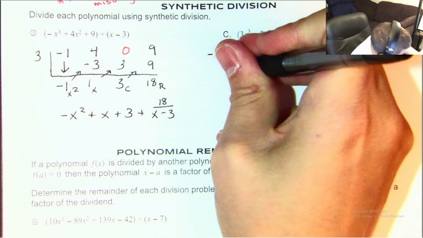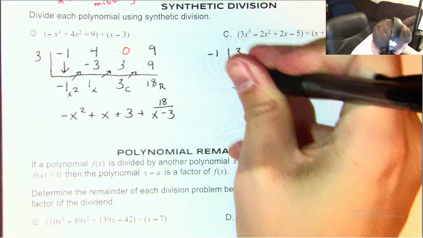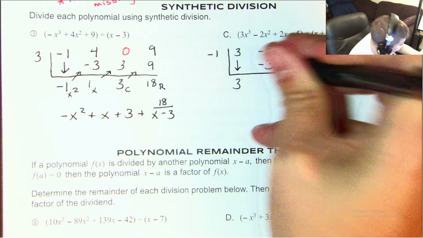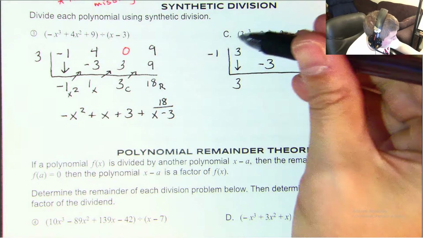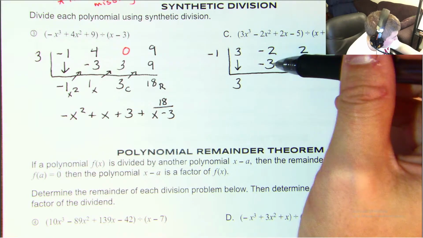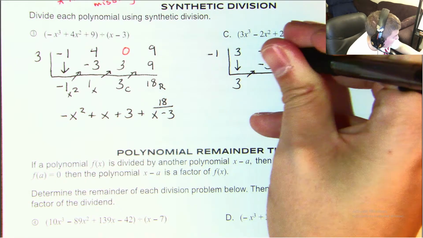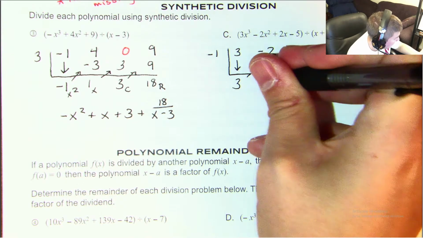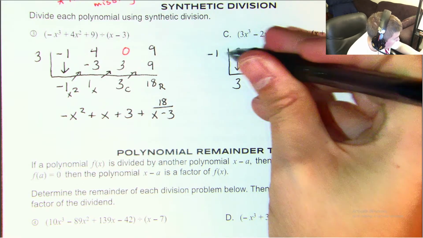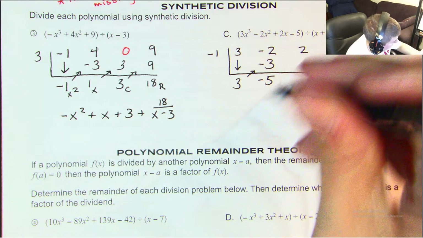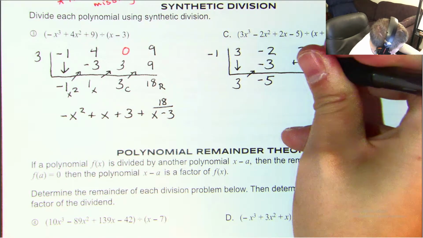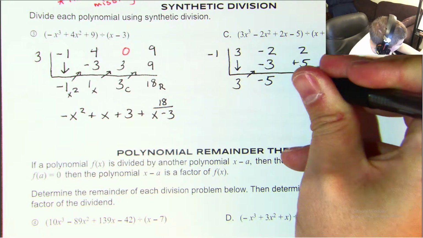We're going to drop our 3. So negative 1 times 3 is negative 3. Negative 2 plus negative 3 is negative 5. Negative 1 times negative 5 is positive 5. 5 and 2 is 7.